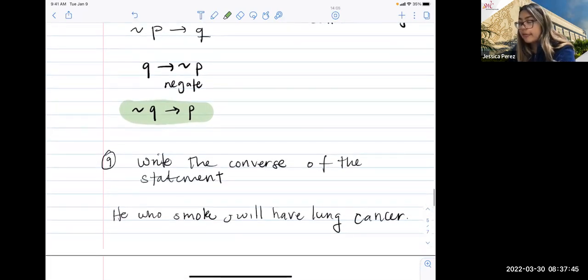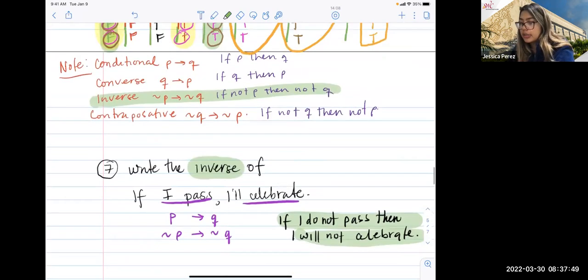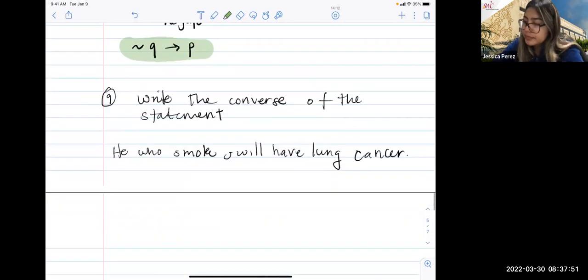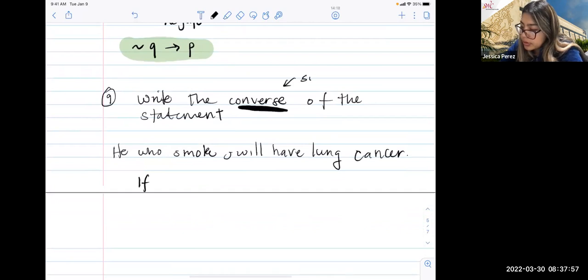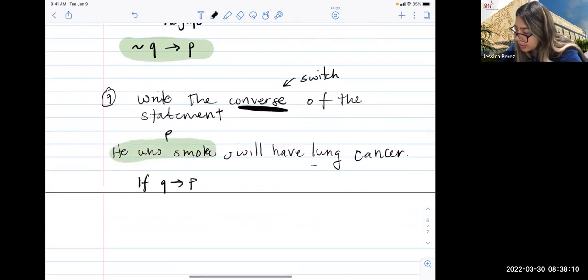Now the converse, we just switch. So again, the converse is just if Q then P. You just switch Q and P. So if Q then P, that's the converse. If this is P and this is Q, you switch it.